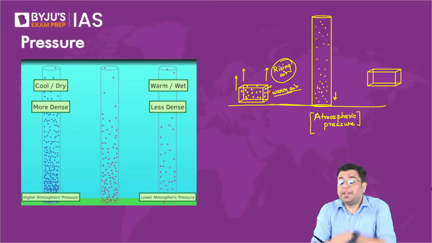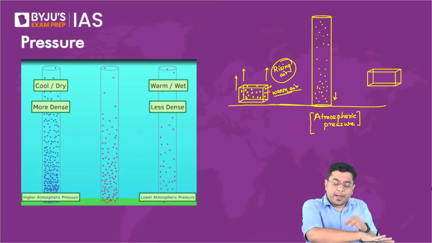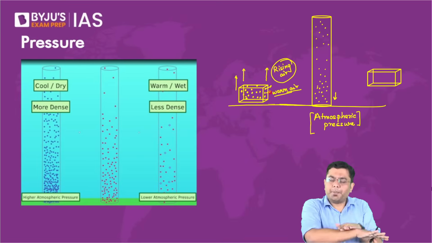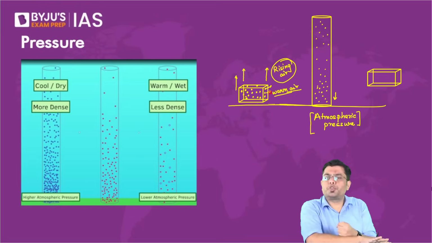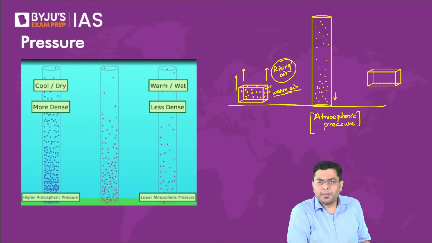Now, what will be the impact on pressure? Let's suppose this is the ground, and from this the air is rising up. What will be the pressure? Pressure is the total weight imposed by the air column. But if the air in itself is rising up, will the pressure increase or will the pressure reduce? What do you think? The pressure will decrease, isn't it?